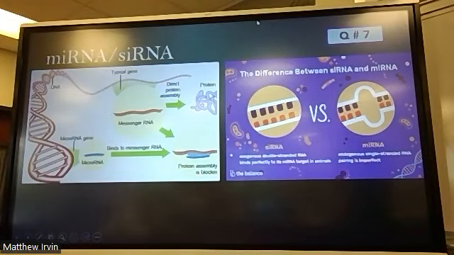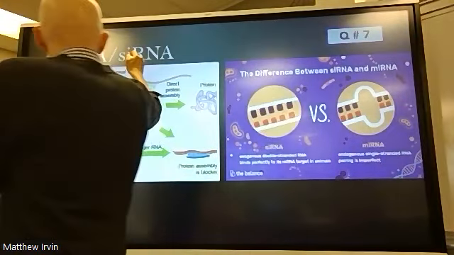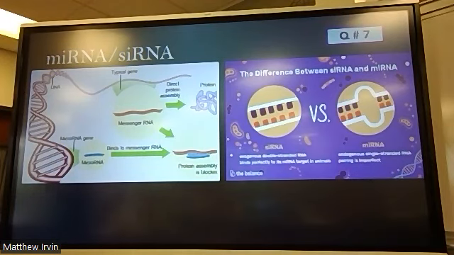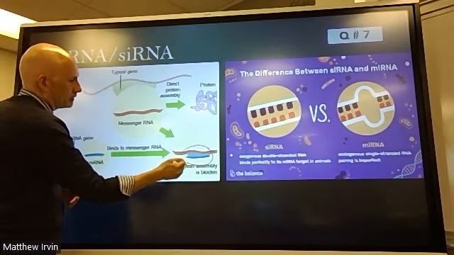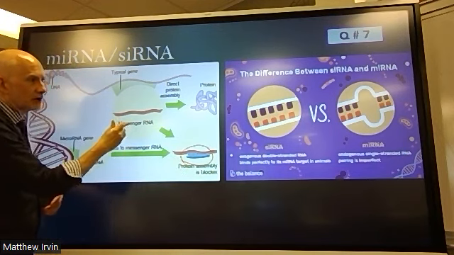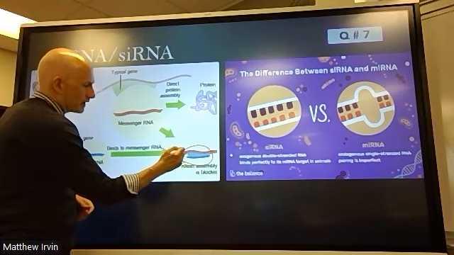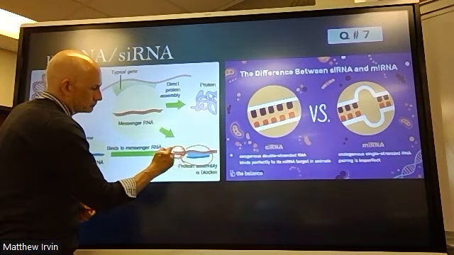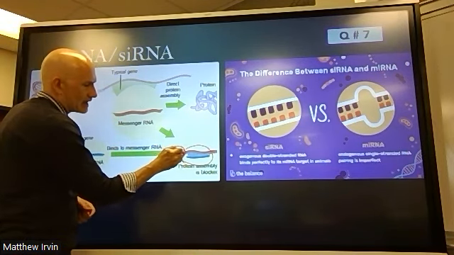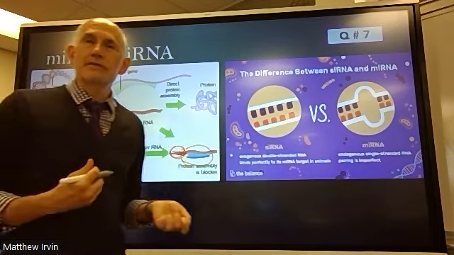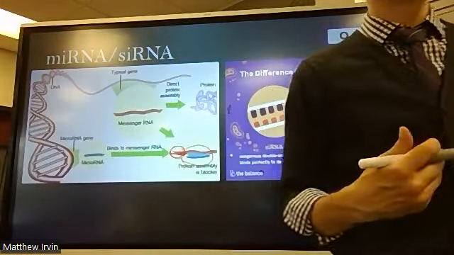The microRNAs and the small interfering RNAs bind to messenger RNA, and now my ribosome can't move past that. That's why it's post-transcriptional gene regulation.